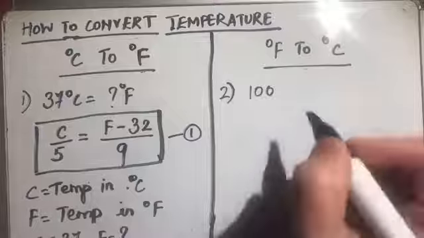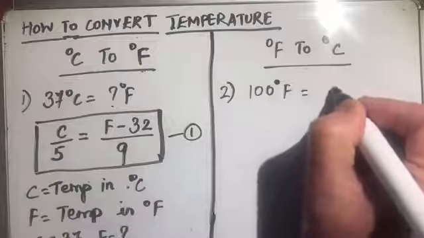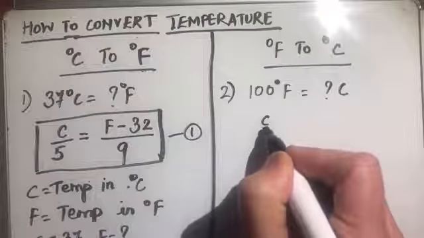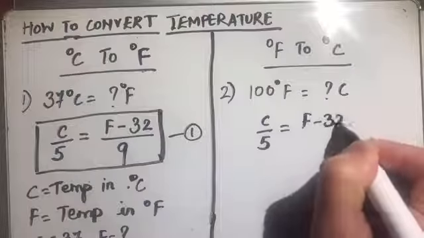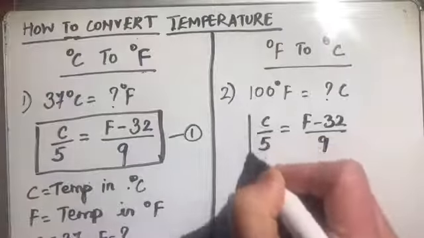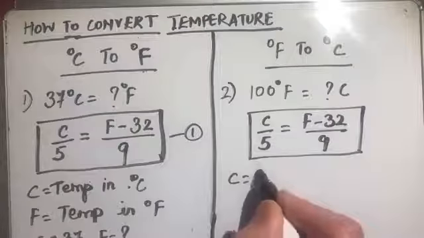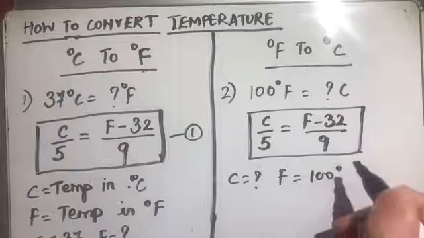Let's check what is 100 degrees Fahrenheit in centigrade. So our basic relation is C over 5 is equal to F minus 32 over 9. We are going to use the same formula, but here C is question mark, F is 100 degrees.